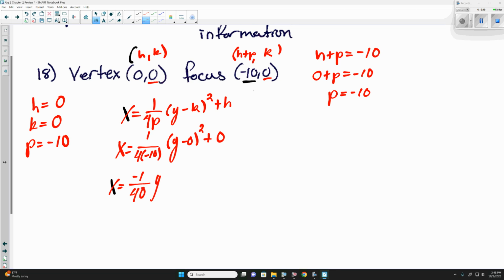Our y minus 0 squared is actually just going to simplify down to y squared. And we get this here. Questions on any of this here so far? Are we ready for the next one? Do you feel pretty comfortable with these here?